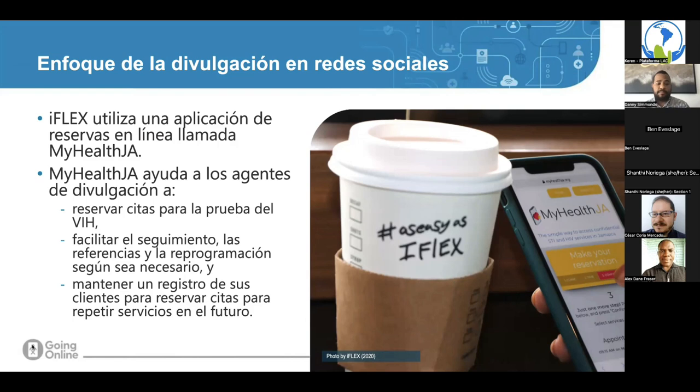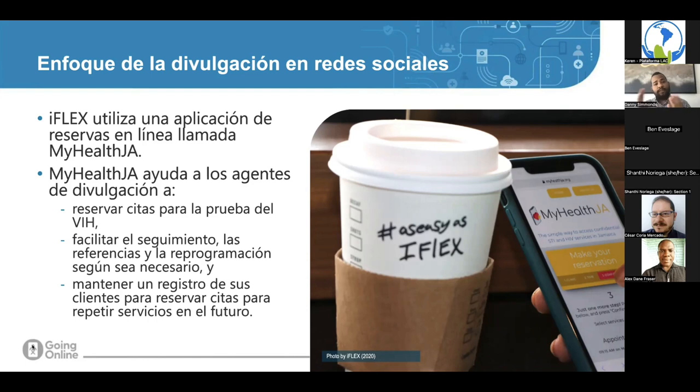It enables them to support clients to book appointments for HIV testing, streamline follow-ups, referrals, and keep track of their clients who need to book appointments for repeat services in the future.